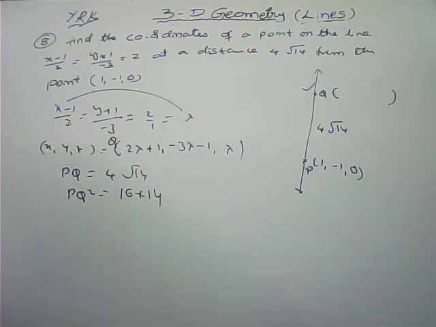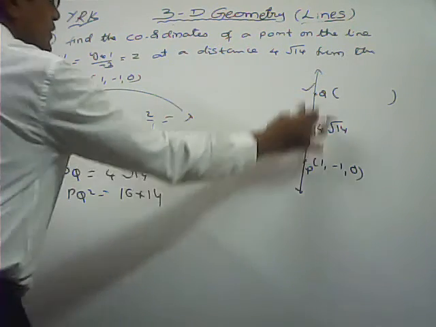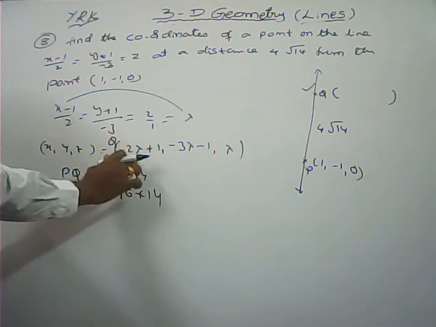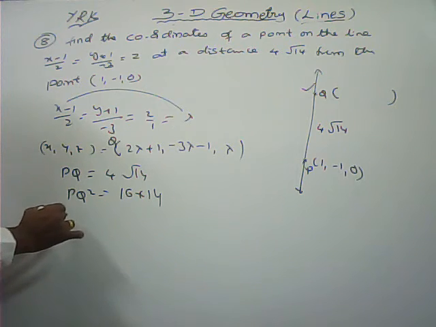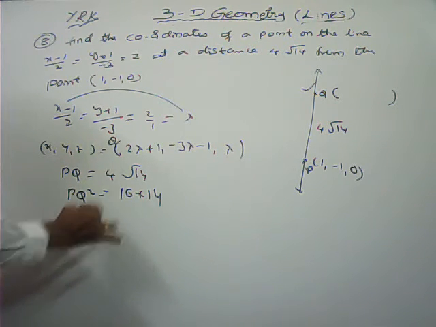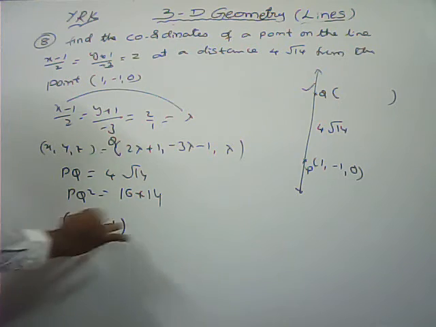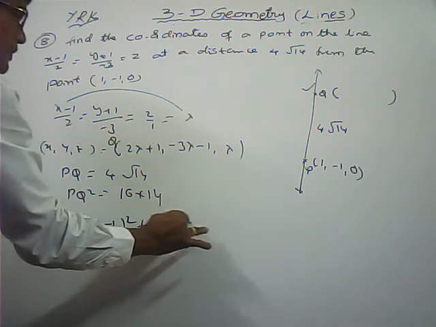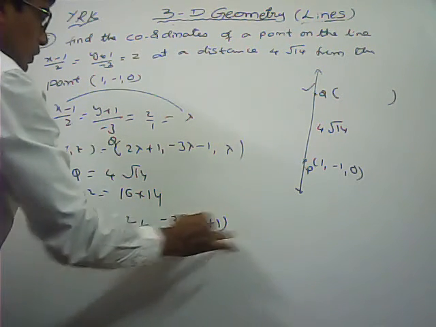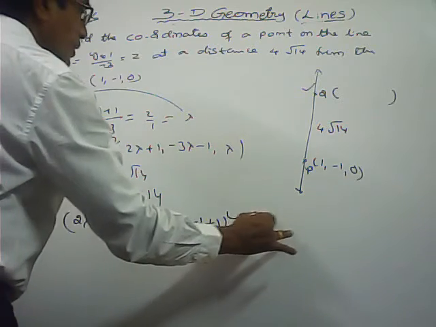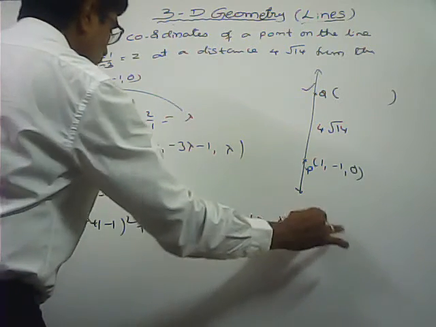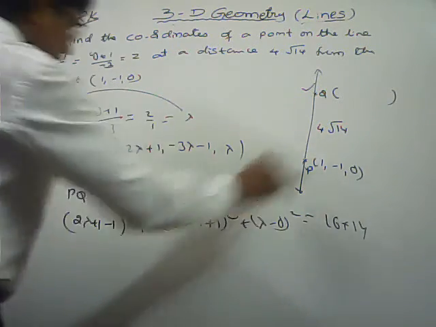Now PQ square, the distance between these 2 points: (2 lambda plus 1 minus 1), x2 minus x1, whole square, plus (minus 3 lambda minus 1 plus 1) whole square, plus (lambda minus 0) whole square, is equal to 16 into 14.